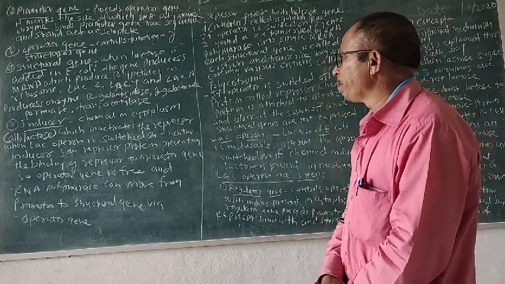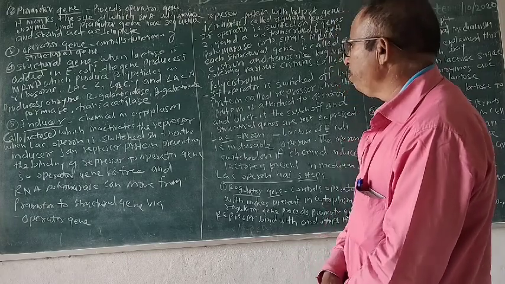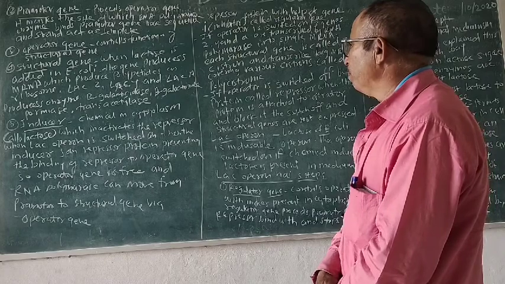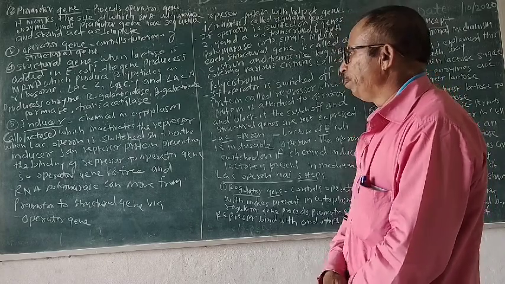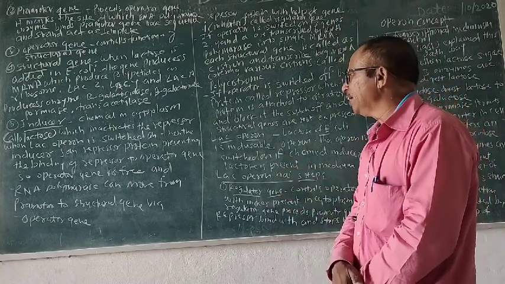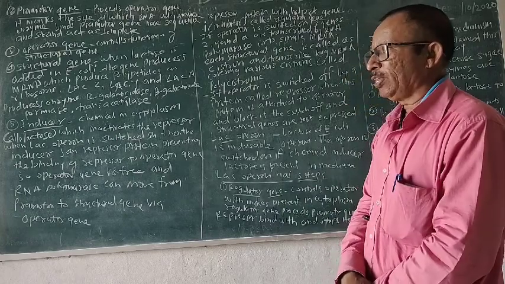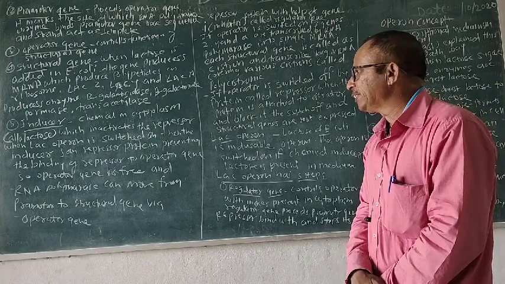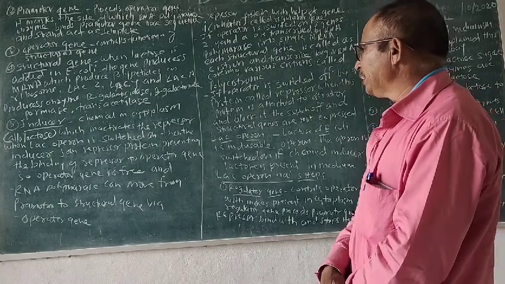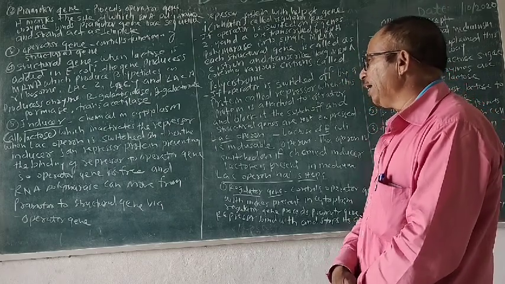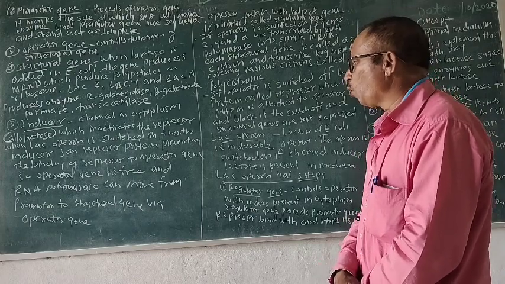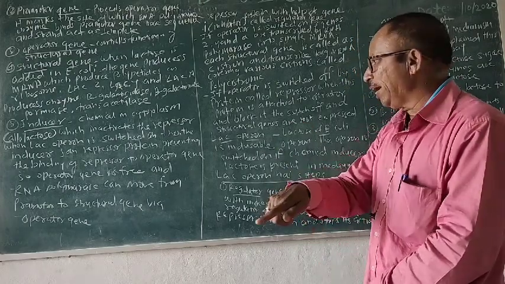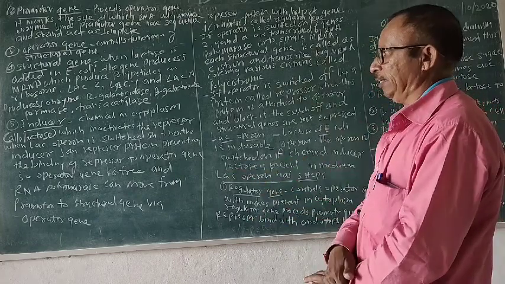The inducer joins the repressor protein, preventing the binding of the repressor to the operator gene. What it prevents is the binding of the repressor to the operator gene. So the operator gene is free and RNA polymerase can move from the promoter to the structural gene via the operator gene.